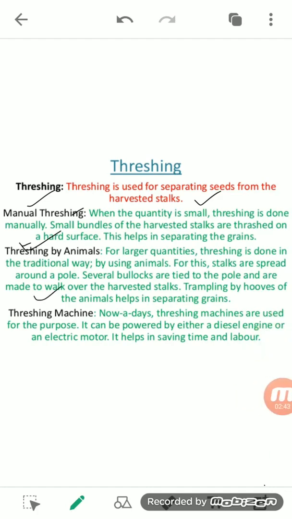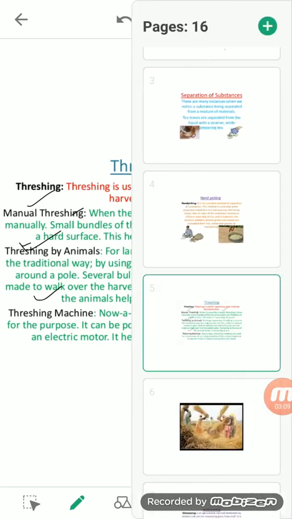Nowadays people use a machine to separate the seed from the harvested stalk. They use the threshing machine, known as a thresher, for this purpose. It can be powered by either a diesel engine or an electric motor. It helps in saving time as well as labor.